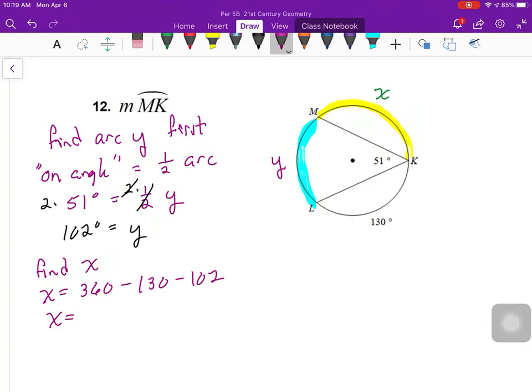X will equal the full circle minus the 130 minus the 102. So x will equal 128. So the measure of arc M to K is 128 degrees.